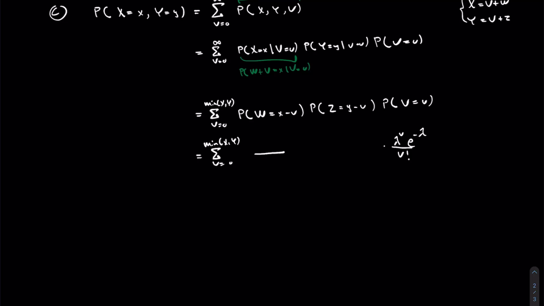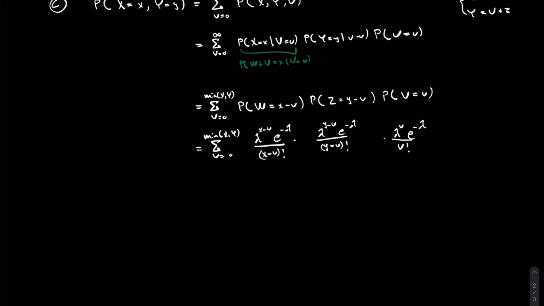And then for W, what do we have? Well, we have x minus v. Like this, we have lambda to the x minus v, and that has the same parameter as V, and this here is the same minus v, lambda to the y minus v, like so.